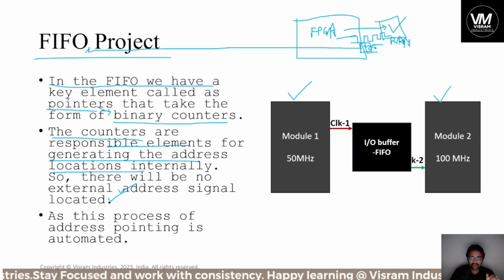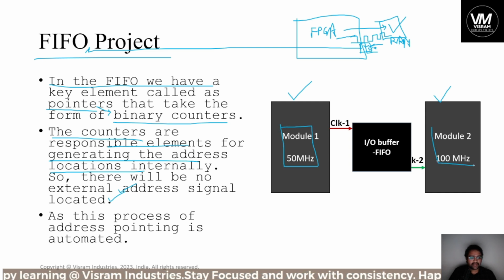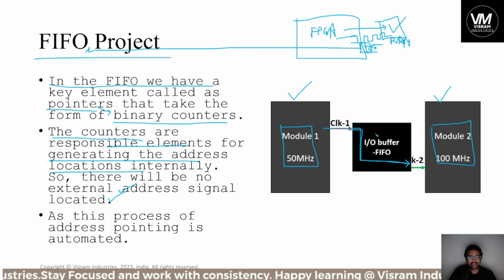If you are reading from the memory, we should mention the address location, or if we are writing onto the memory, we should mention at which location of the memory we are writing the data. In the same way, if you have two modules and between these modules the data is sent in a particular protocol manner, that is nothing but one piece of hardware, that is FIFO, first in first out.